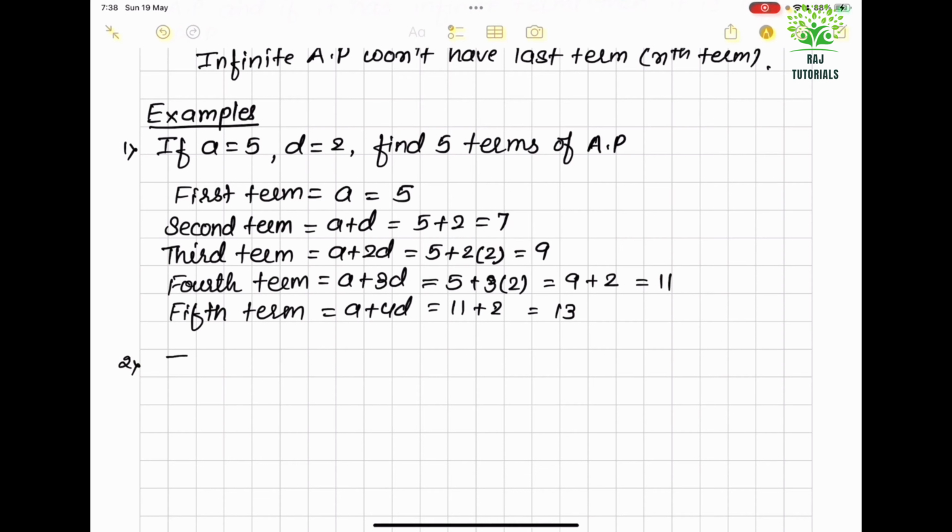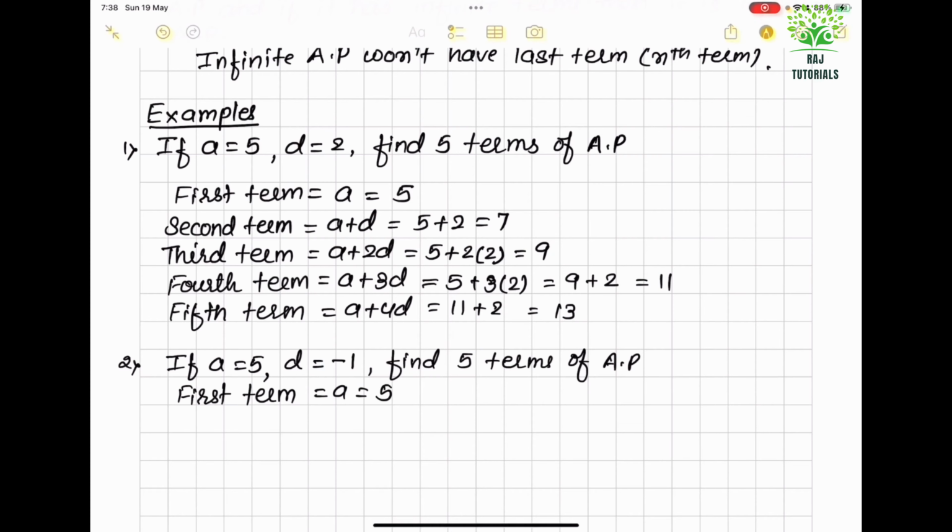Then second example, A equal to 5 and D equal to minus 1. See, D is not always positive, it can be negative also. So here the first term will be A, that is 5. Second term was A plus D, so that is 5 plus minus 1, so that will be 4.